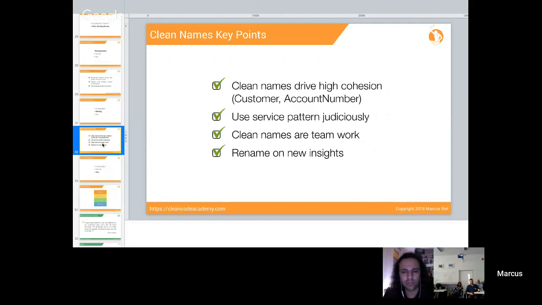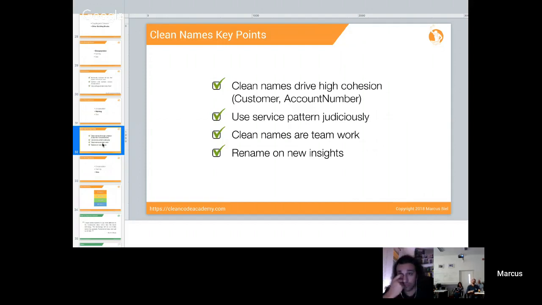And this is why such badly named components will usually grow and grow over time into very low cohesive components.